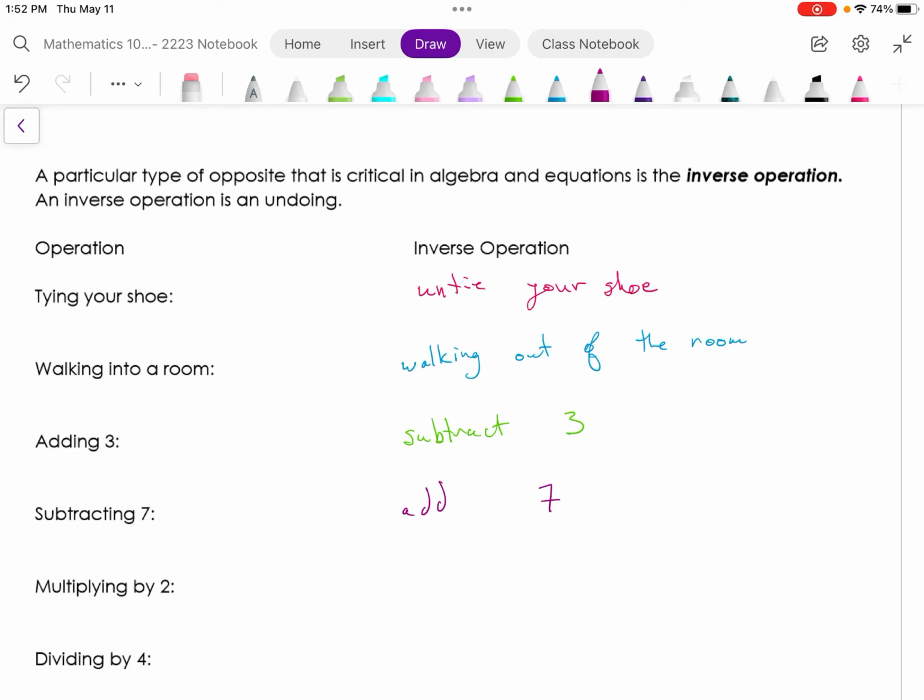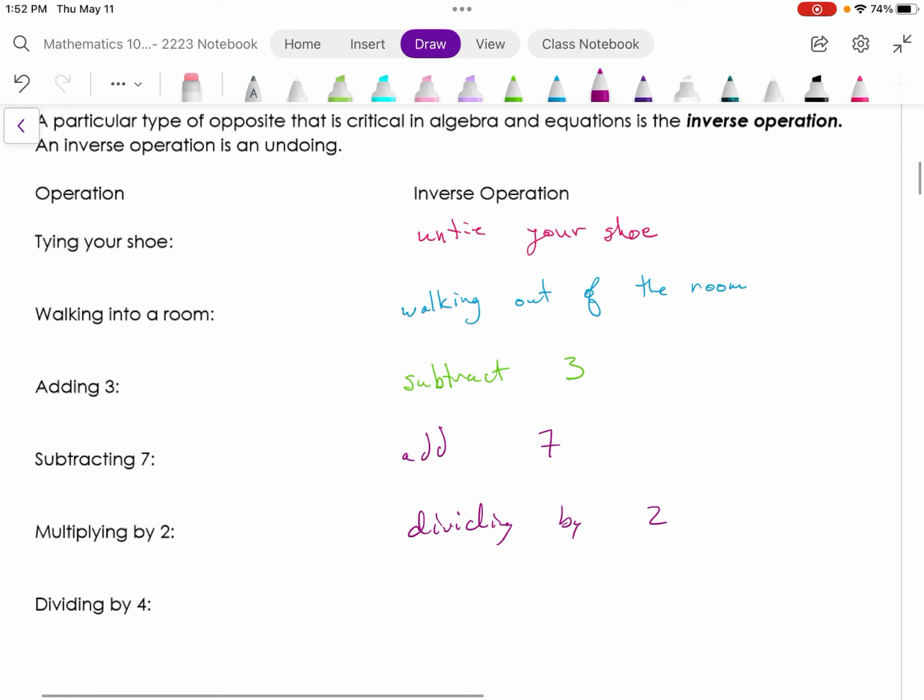The inverse of multiplying by 2 is dividing by 2. The inverse of dividing by 4 is multiplying by 4. Now I'm just going to highlight some of the key words.